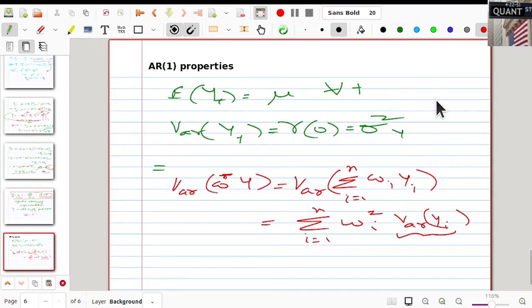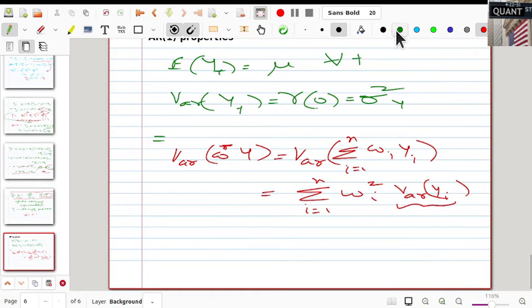And so if we look at our variance equation here, we know that yt equals mu plus the summation n equals 0 up to infinity of phi to the power of n epsilon t minus n.